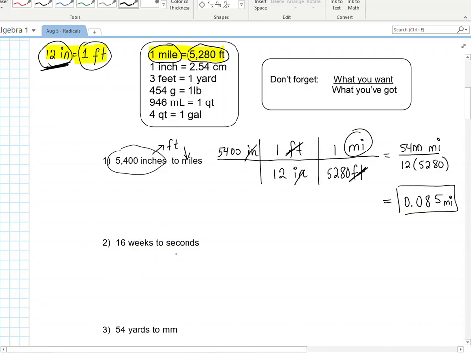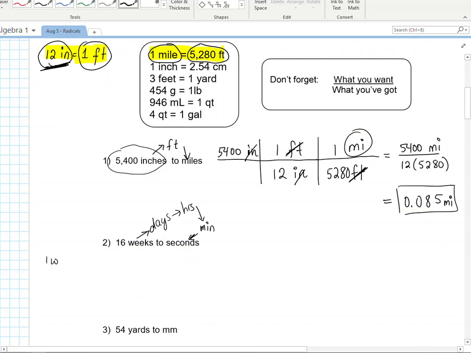All right, now we're going to go from weeks to seconds. We don't know how to go from weeks to seconds directly, but from weeks we can convert to days. Days we can convert to hours. Hours can be converted to minutes, and then minutes can be converted to seconds. Clear?